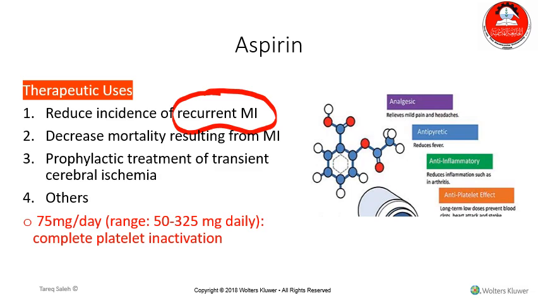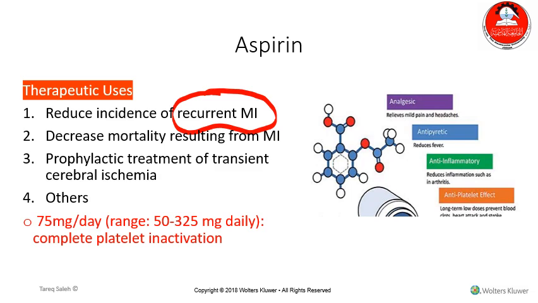Remember here that aspirin is not used as a single drug or alone for the treatment of acute myocardial infarction. It's part of a combinational therapy, and then it can be used as a prophylactic agent against further thrombotic events that can lead to myocardial infarction.